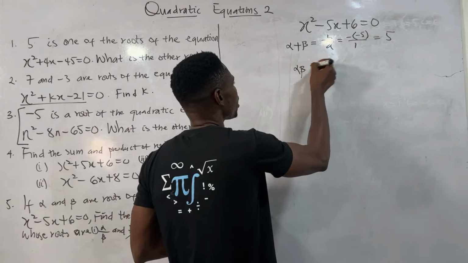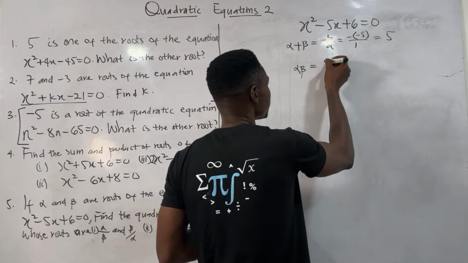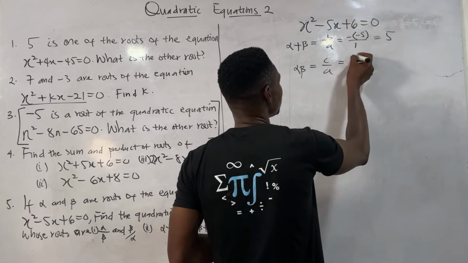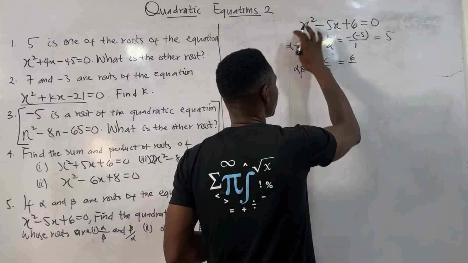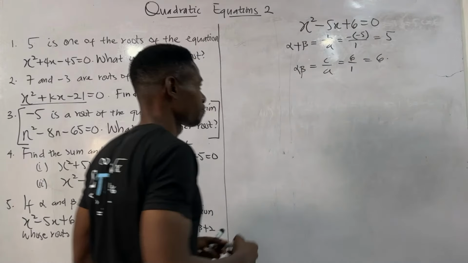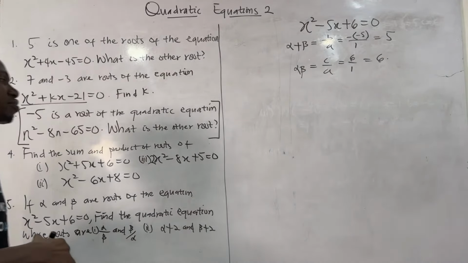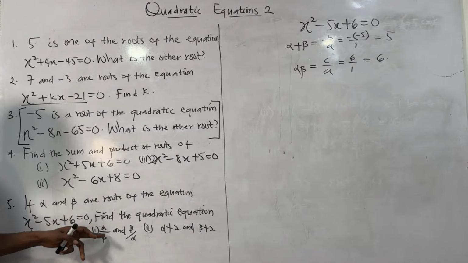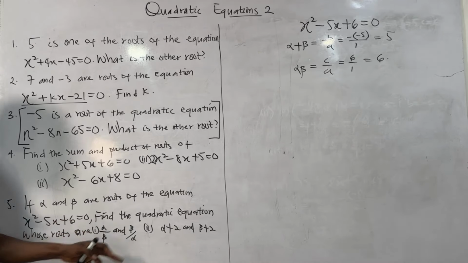Now, alpha beta, product of roots is c over a, right? And that is c, which is 6, over a, 1, which is 6. So now the first challenge is that we are going to find a new quadratic equation whose roots are alpha over beta and beta over alpha.